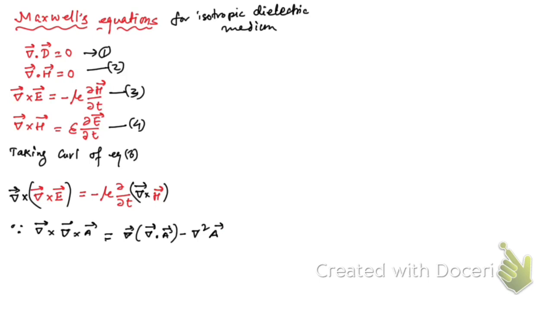So using this property, the left hand side will be of this form, where instead of A, now we have the electric field vector E. So let me replace this A by E vector.